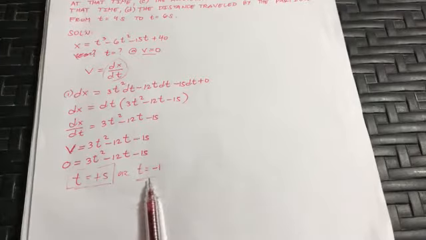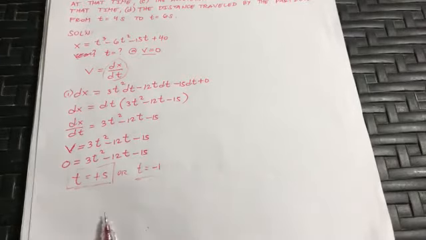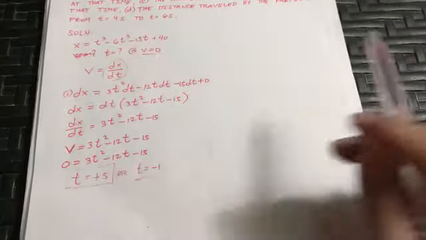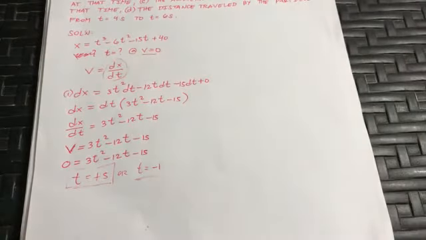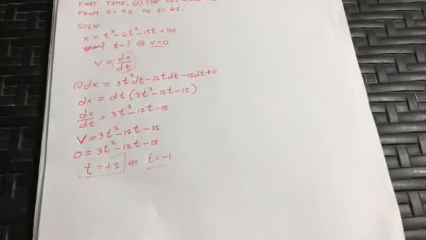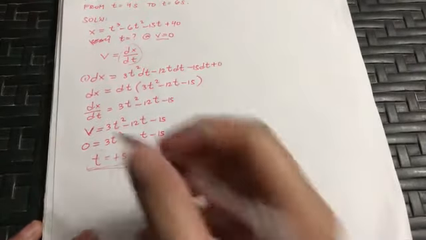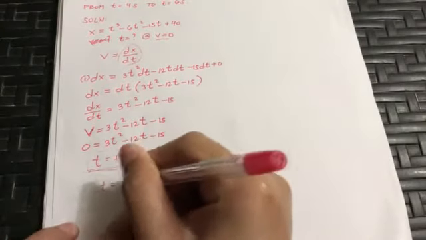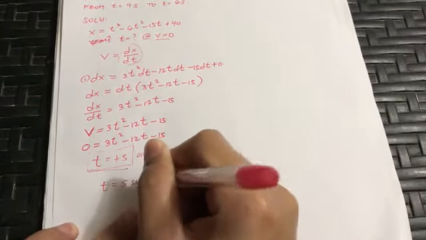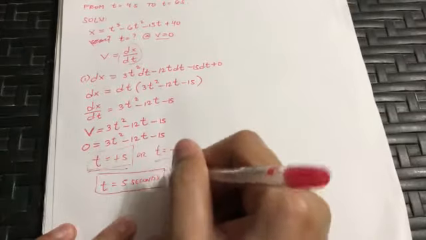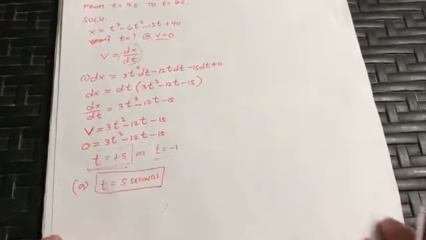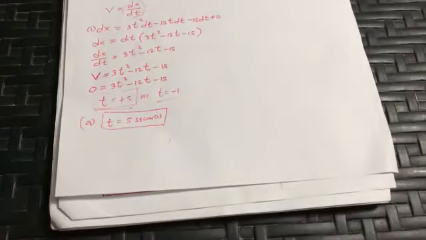Meaning, our analysis will only begin at time 0 up to positive time. Any time less than 0, which is negative time, we will no longer consider in our analysis. Okay? So we get our first answer, which is time is equal to 5 seconds, or t is now equal to 5 seconds.